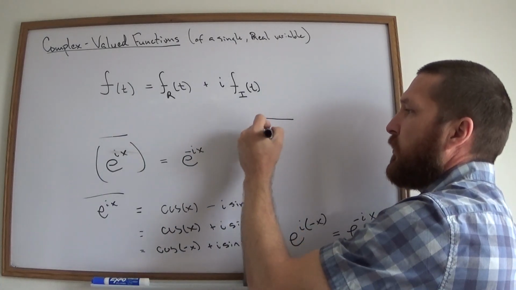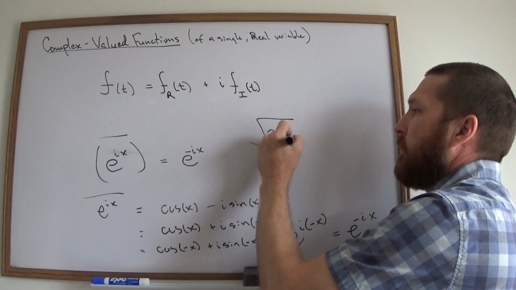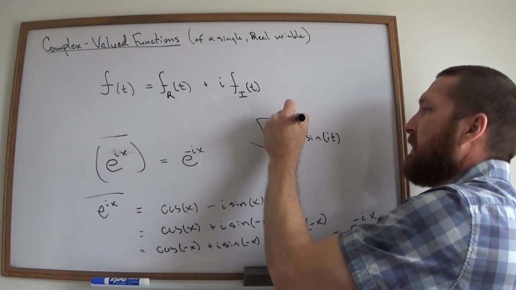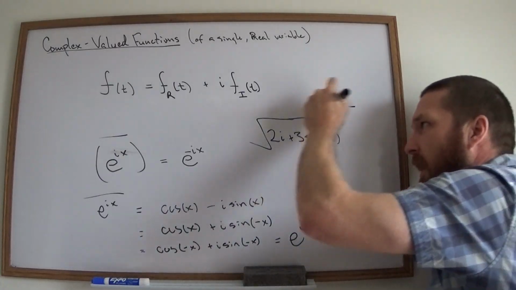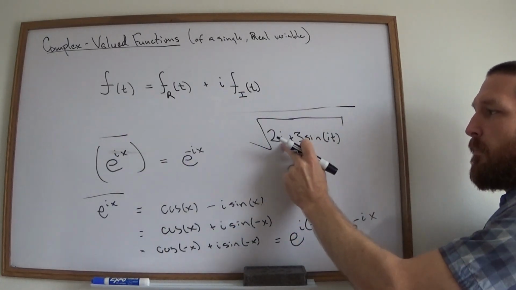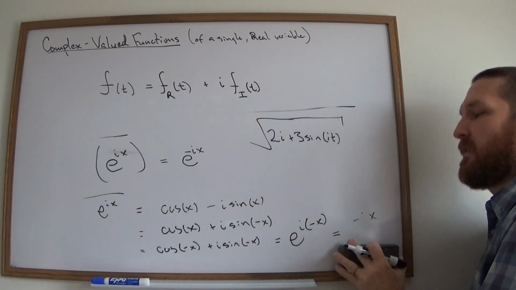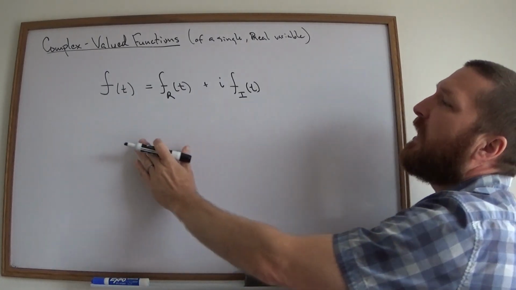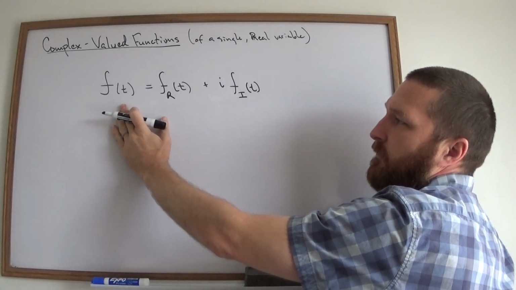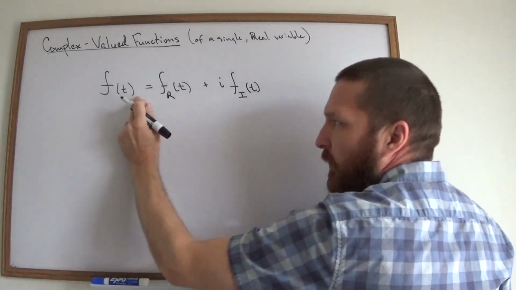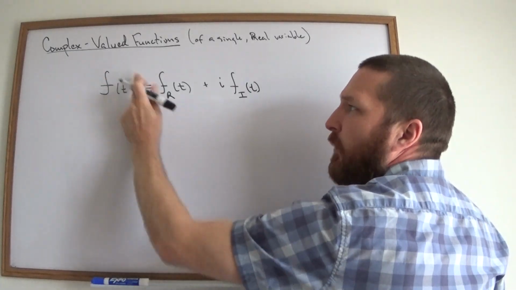Like the square root of 2i plus 3 sine it. If you want the conjugate of that, you simply go through and make every I negative. It just works, okay? Just trust me on that. We have a complex valued function, and we could take its conjugate, because the output here just represents the output.